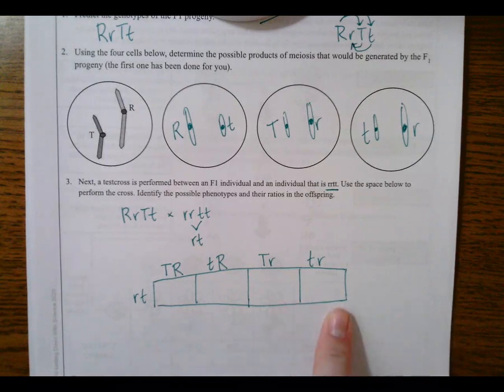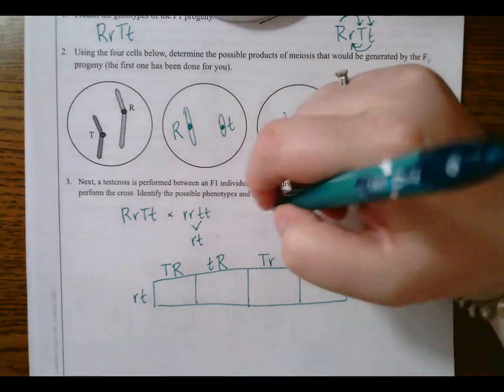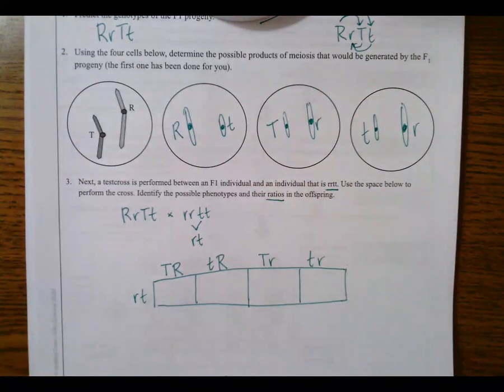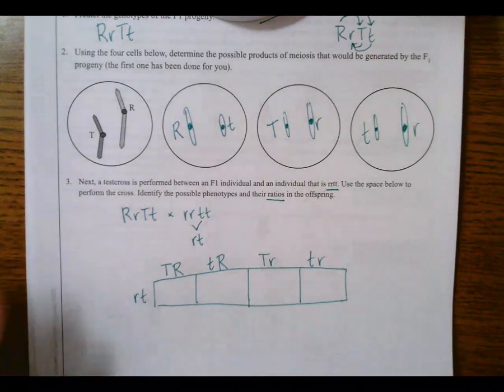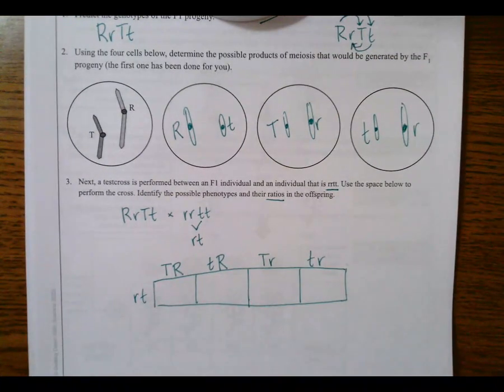So now that this is set up, I'm going to let you figure out what the ratios are. Use fractions to give your answers, and be specific about the phenotype, right? All right, next page.